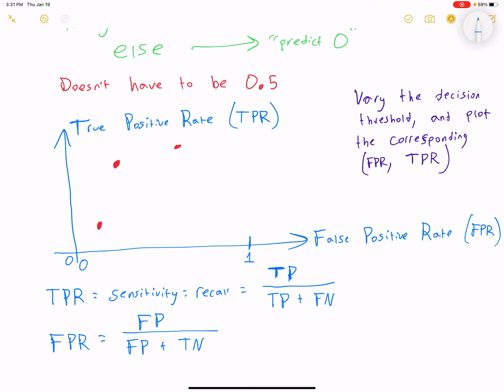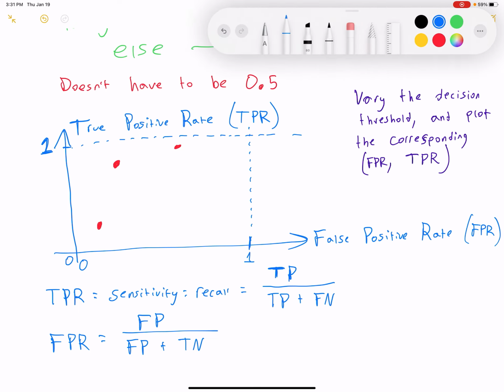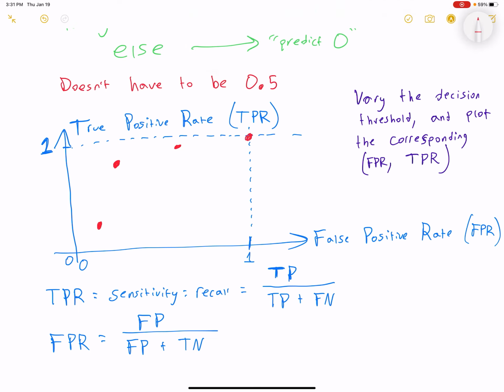The maximum is 1. I'm going to draw some dotted lines here. Okay, so we might do this for several thresholds, and at the end we connect the dots. Let me go through this and then I'll take questions.